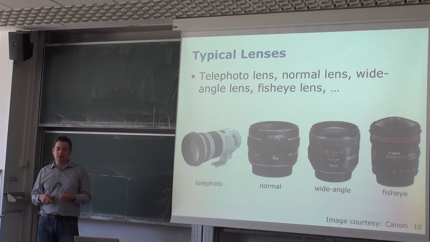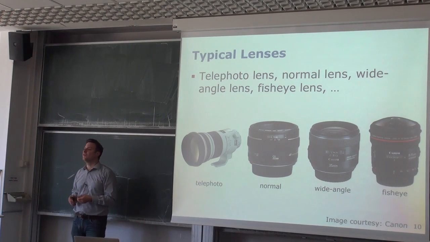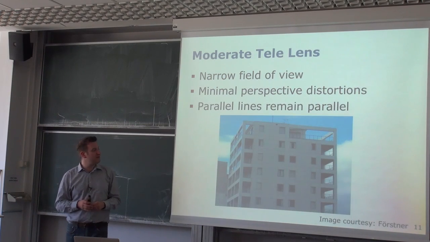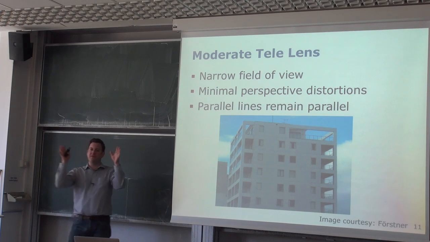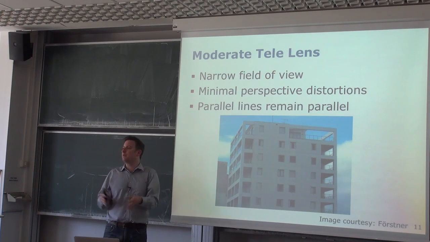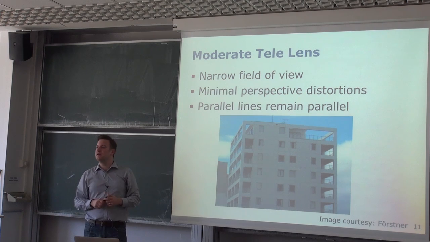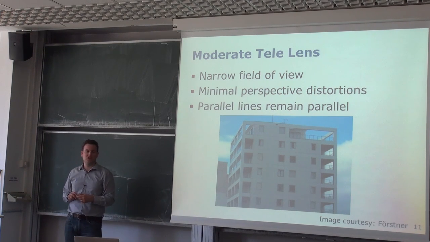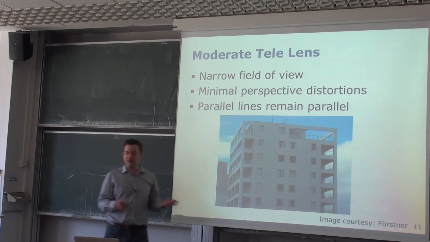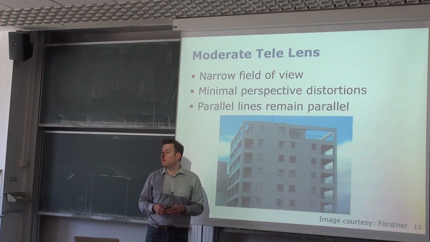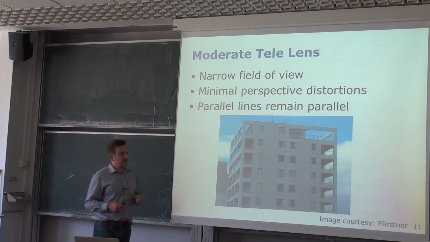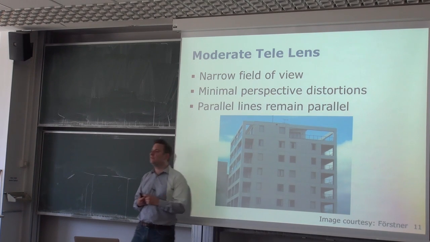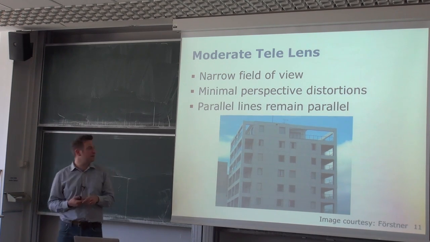We can have a look at what kind of images these lenses actually generate. If you have a moderate tele lens, that means we have, as I said before, a comparably narrow field of view. So we can picture objects which are comparably far away, at least compared to the other lenses that we use. The important aspect we can also see in those images is that parallel lines typically remain parallel.